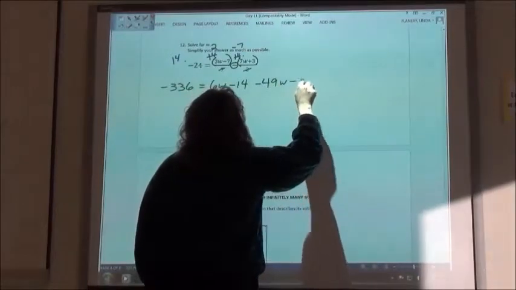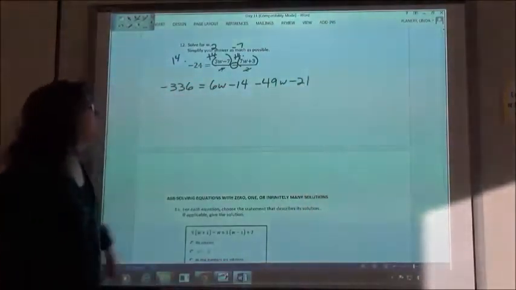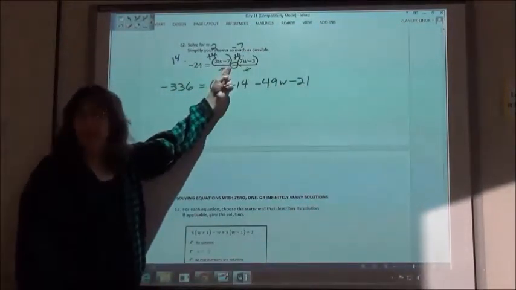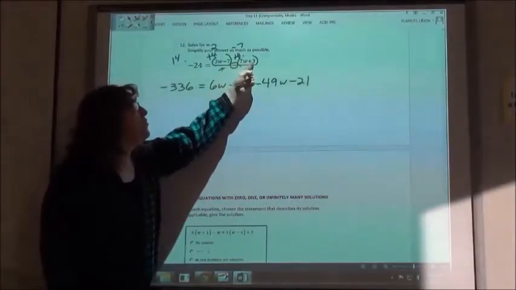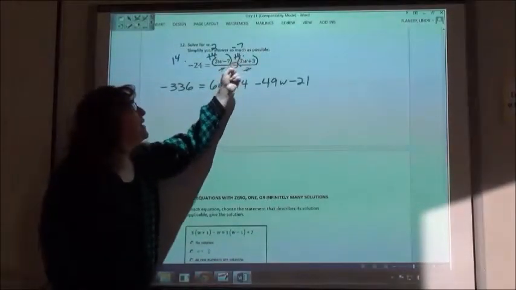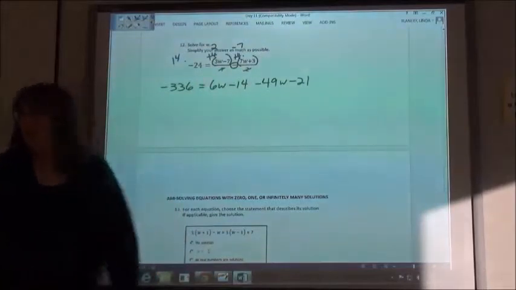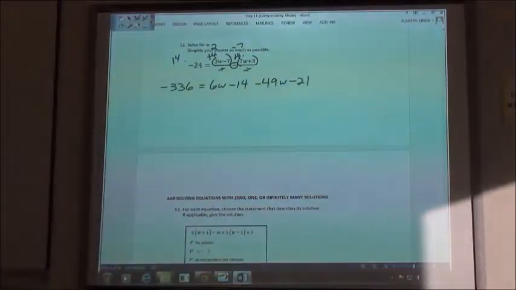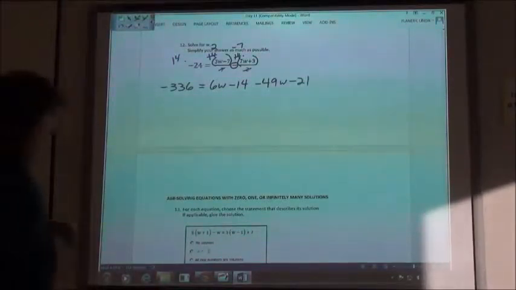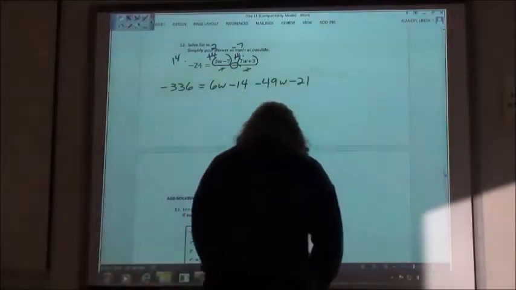Minus 21. So you have to be really careful when that minus is there because it gets distributed to both of those. This is negative, this is negative. So that's why I moved that up there with that 7, so hopefully I remember. Negative times a positive is a negative, and on the second one, negative times a positive is a negative again. So next thing we probably want to do.